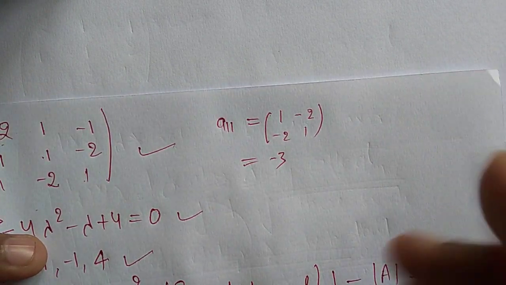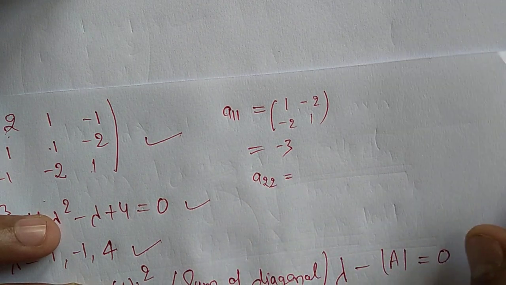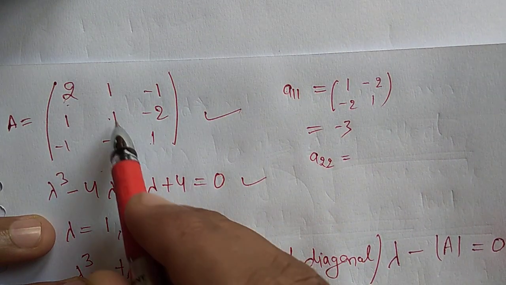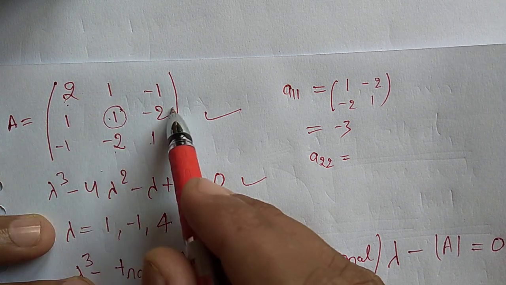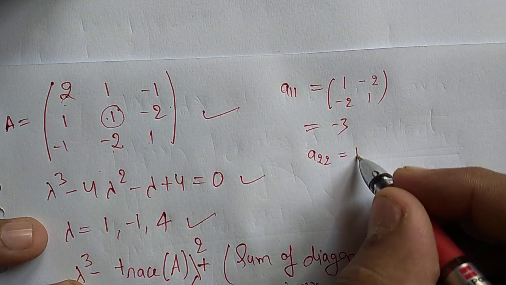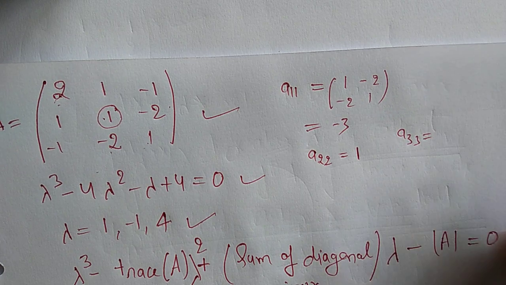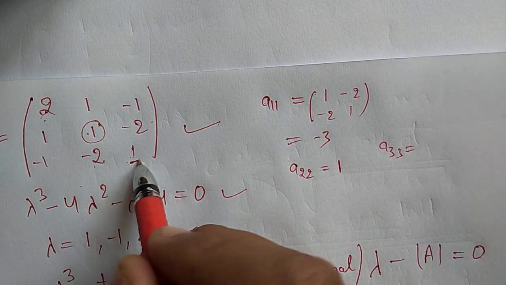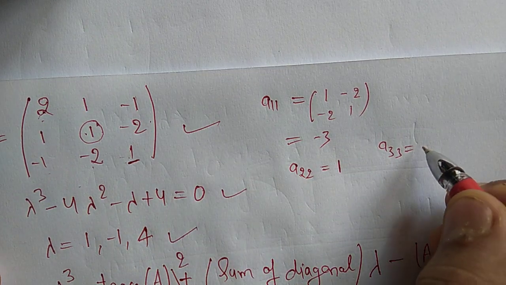A22: if you take the minor for this element, this row and this column will go, so we get 2 minus 1, we get 1. And A33: if you take the minor of this element, this column and this row will go, so 2 minus 1, 1 we get.